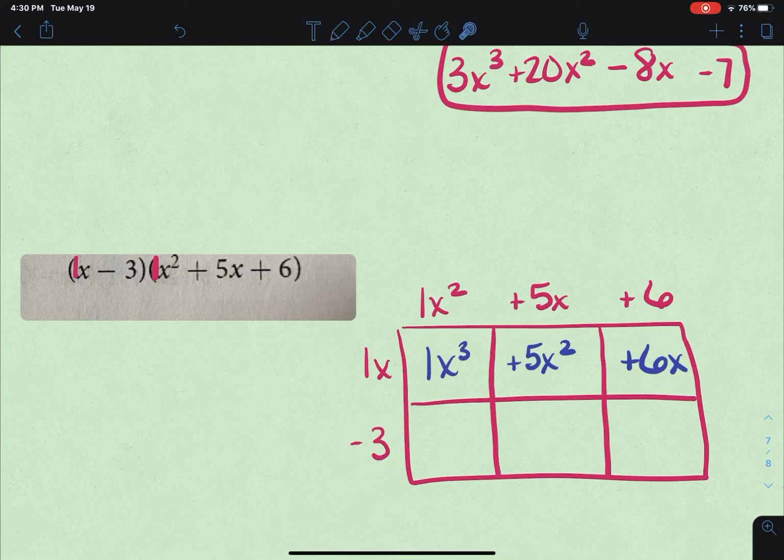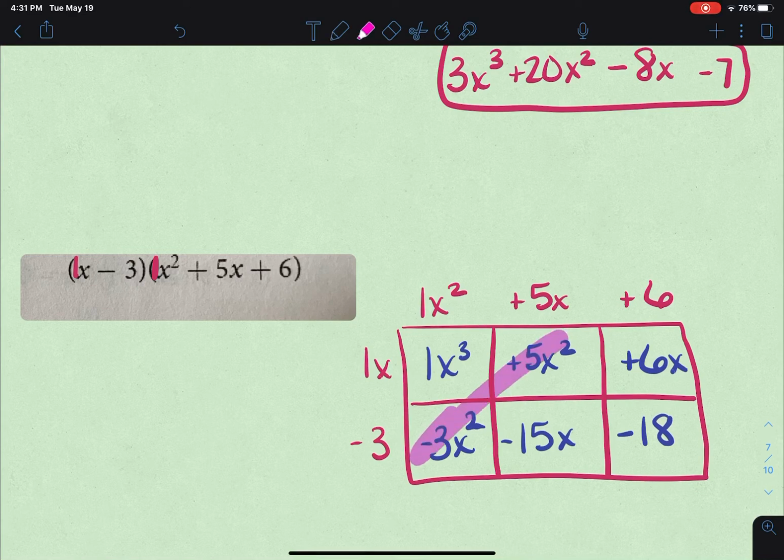So negative 3 times 1x squared is negative 3x squared. Negative 3 times positive 5x is negative 15x. Positive 6 times negative 3 is negative 18.